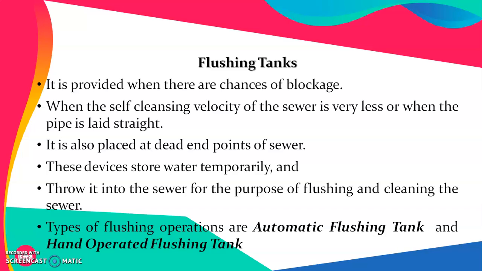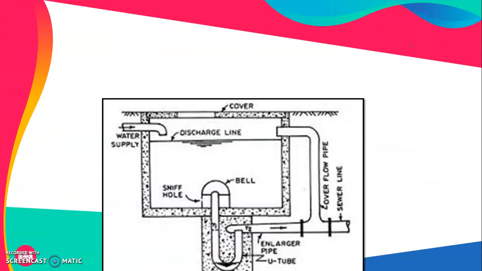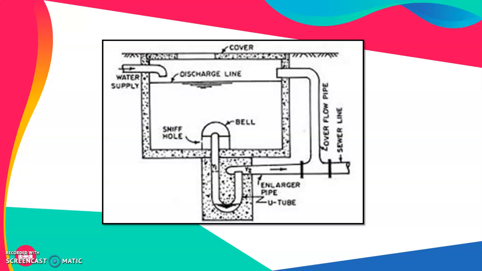This kind of flushing tank can be automatic or hand operated. This figure shows the cross section of an automatic flushing tank where water is held by a small tank, and when a certain discharge level has been crossed, water enters the overflow pipe, ultimately resulting in the flushing of the system.